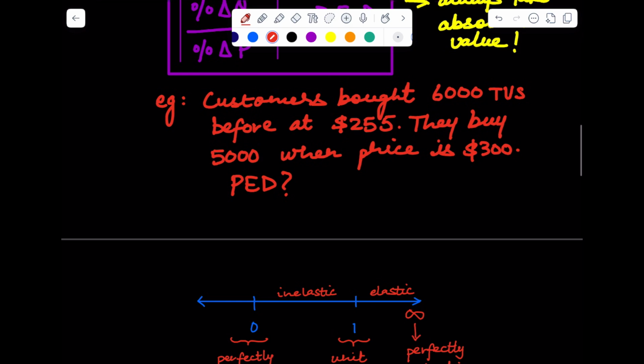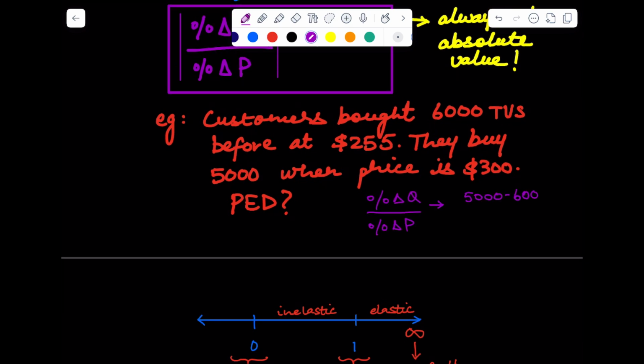So the change here would be 5,000, which is your final, minus 6,000 over 6,000, your initial. In this case you would multiply it by 100, but again, if you do the math, the hundreds are going to cancel out, so I'm not going to really do that. I'll still keep it here just so you don't get confused.